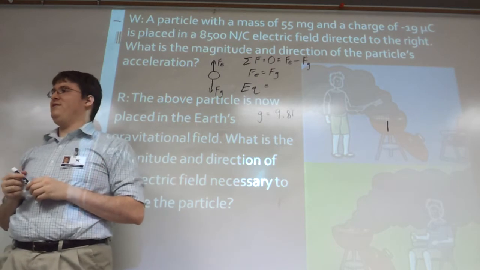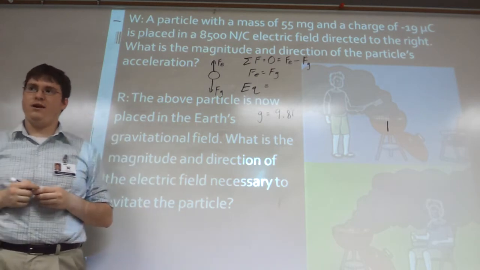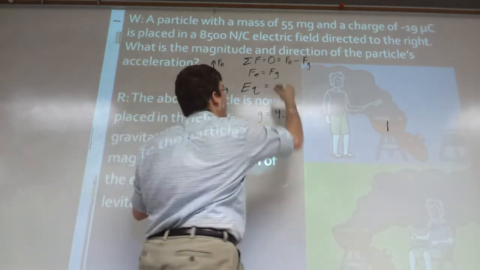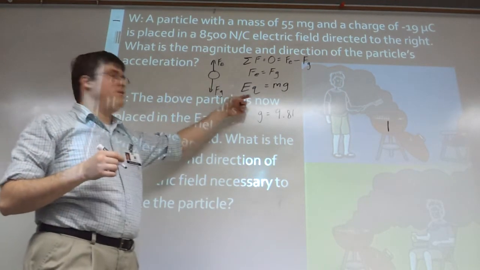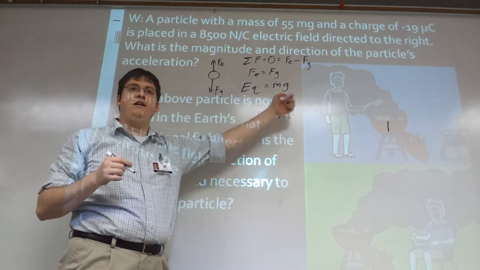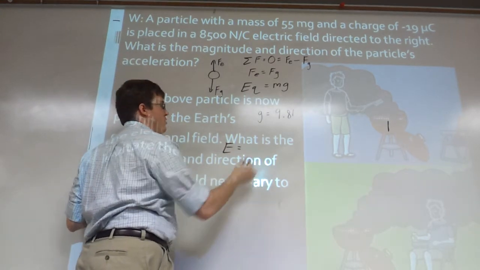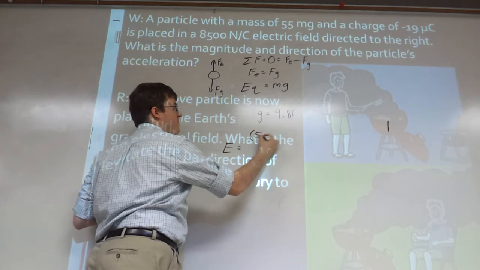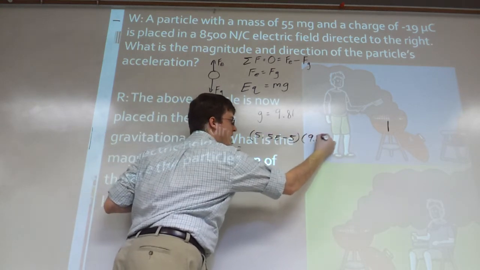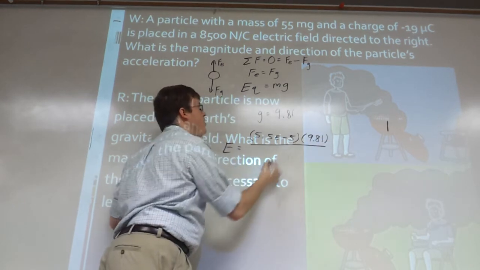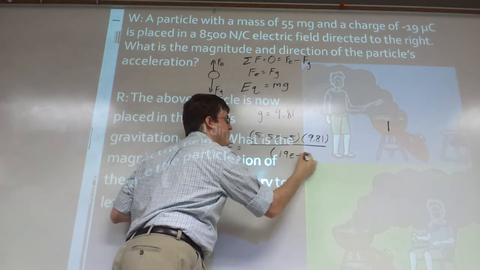Mass times acceleration due to gravity, mg. So we've got Q, we've got m, we've got g. We're looking for E. So electric field equals mass, 5.5 E negative 5, times g, 9.81, over Q, 19 E negative 6.